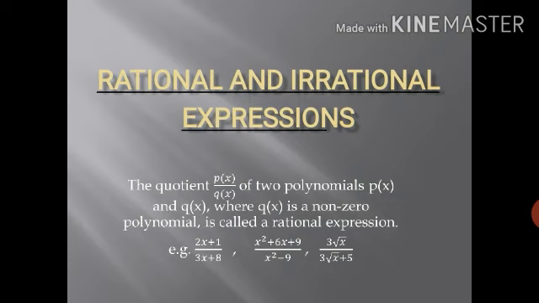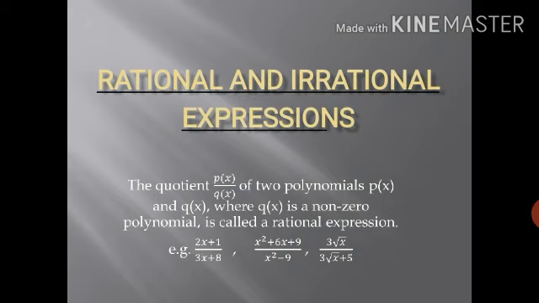That means both the expressions will have non-negative powers. So the definition of rational expression is the quotient p(x) over q(x) of two polynomials p(x) and q(x), where q(x) is non-zero. q(x) should be non-zero. If it becomes 0, the whole expression will be undefined. q(x) will be a non-zero polynomial. This will be called a rational expression.